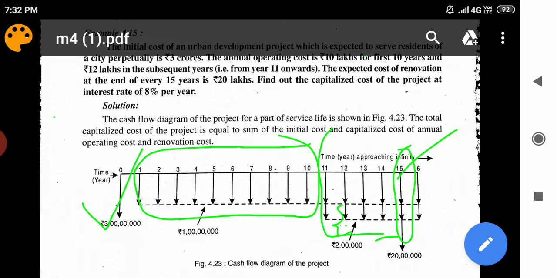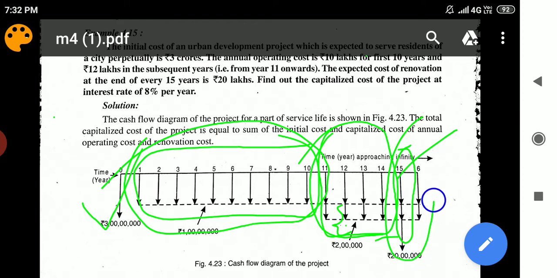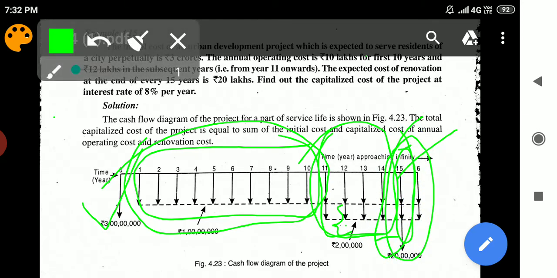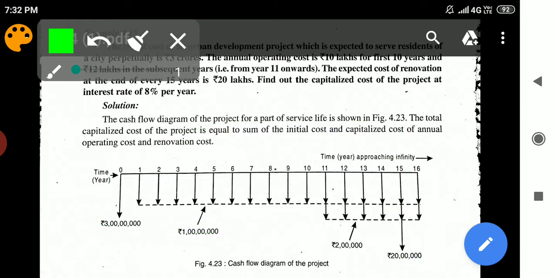From 11 to 14 it is 12 lakh expense, and 1 to 10 is 10 lakh, and at the end of the 15th year there is some expense, that is nothing but the 20 lakh.